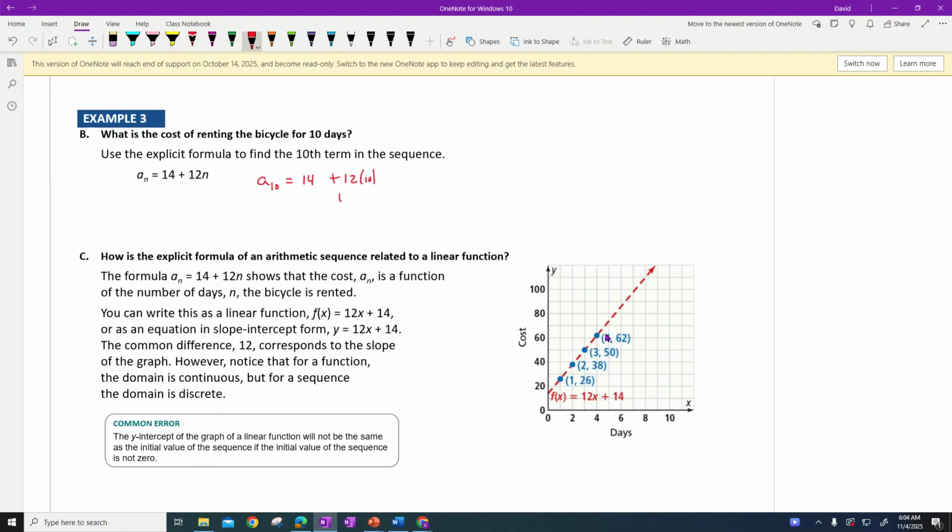Well, I know 12 times 10 is 120 plus 14, so that equals 134. Whoops, I forgot to say a sub 10 because I told them what number to get here, sorry. a sub 10 equals 134.